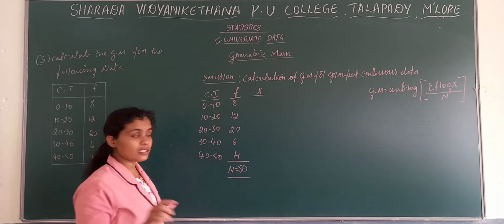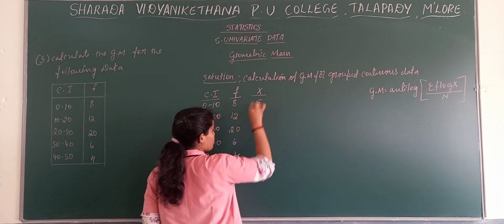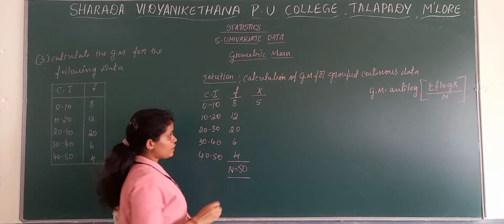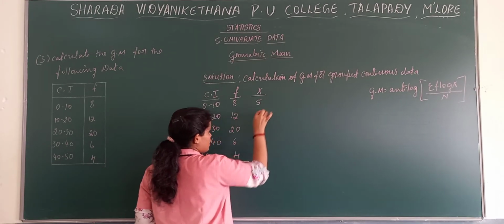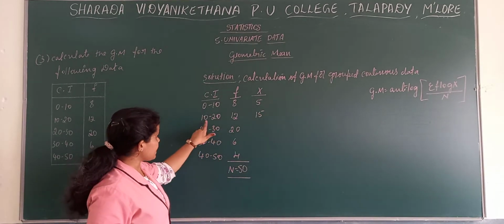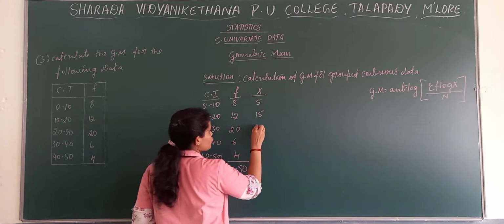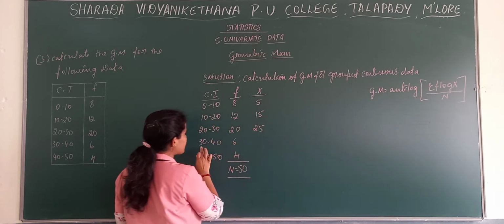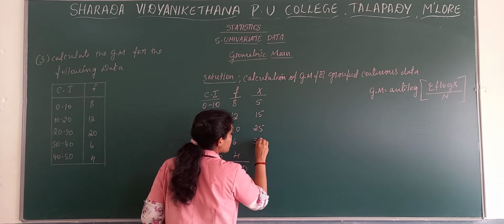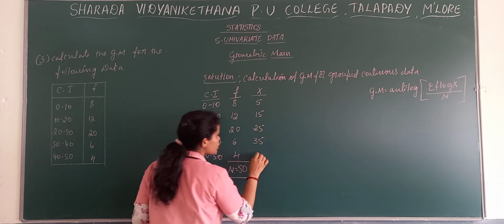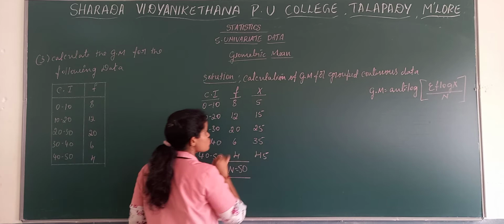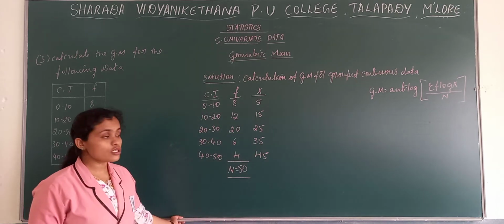Here 0 to 10 mid value is 5, 10 to 20 mid value is 15. If it is difficult, 10 plus 20 divided by 2, you get the mid value. Here 20 to 30 mid value is 25, 30 to 40, 35, 40 to 50, 45. So we got the x values.